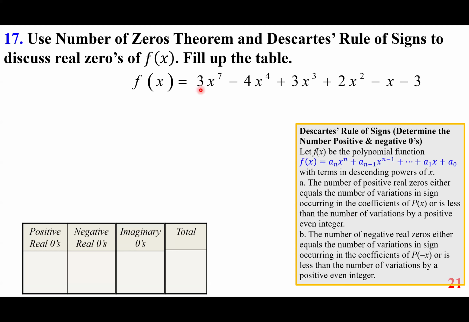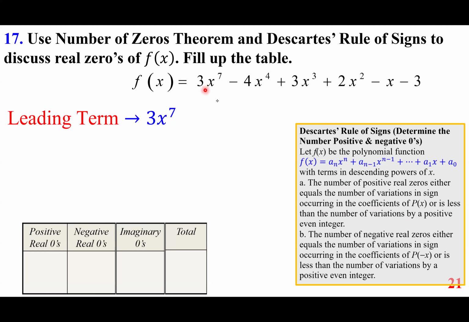Just look at the signs: positive, negative, positive, positive, negative, negative. So according to this, the number of positive real zeros either equals the number of variations in sign occurring in the coefficients of p of x, or is less than it. So as you can see, from positive we go to negative here.